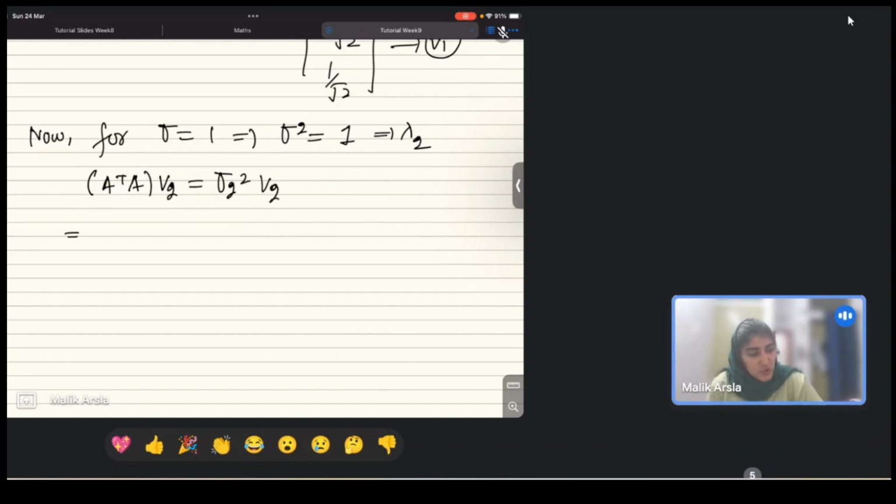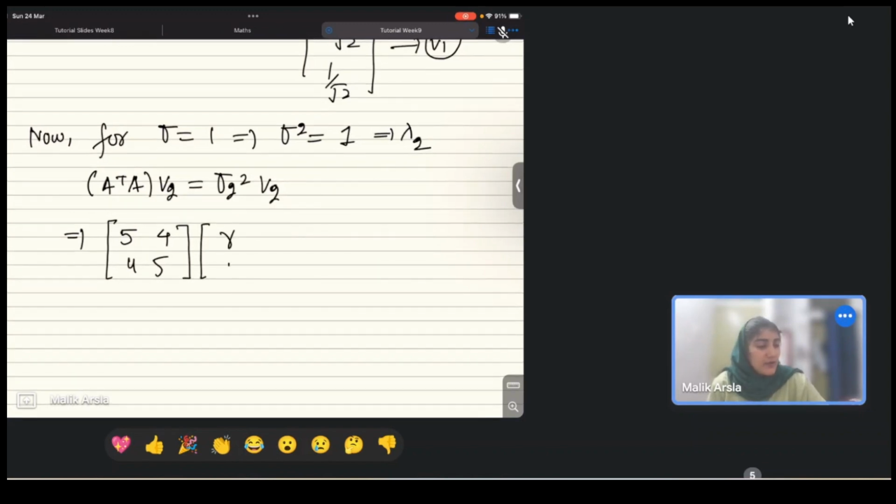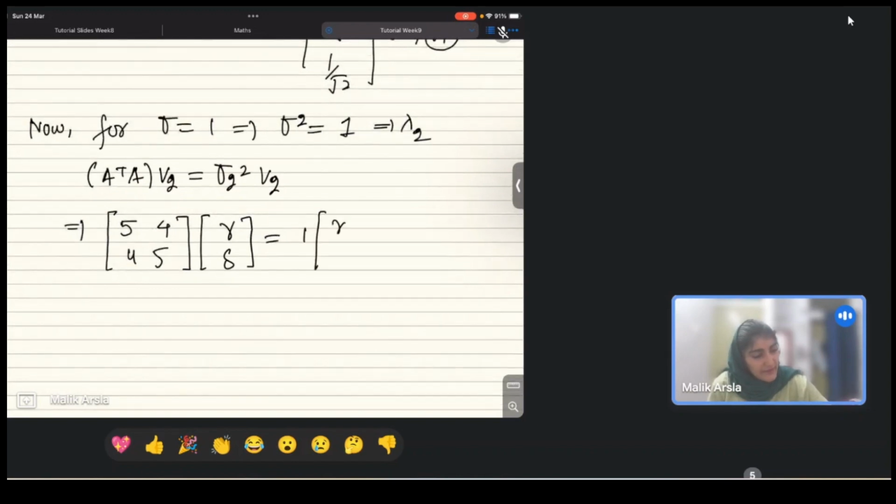Here A transpose A we have already calculated as 5, 4, 4 and 5, and V2 we can call gamma and delta, and it will be 1 into gamma and delta.